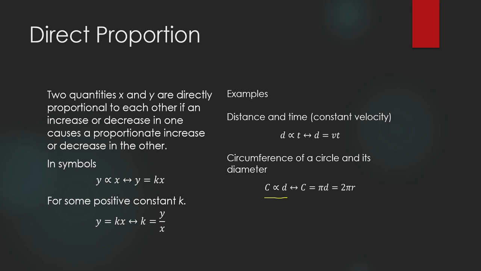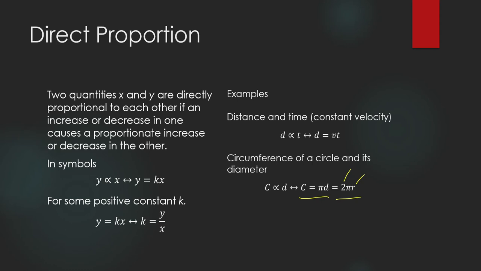And what that means is also this. The circumference is equal to a constant, okay, this is your k, times the length of your diameter, okay? Most students are familiar with this: circumference is equal to pi times d, but 2 times r is actually your d, okay?